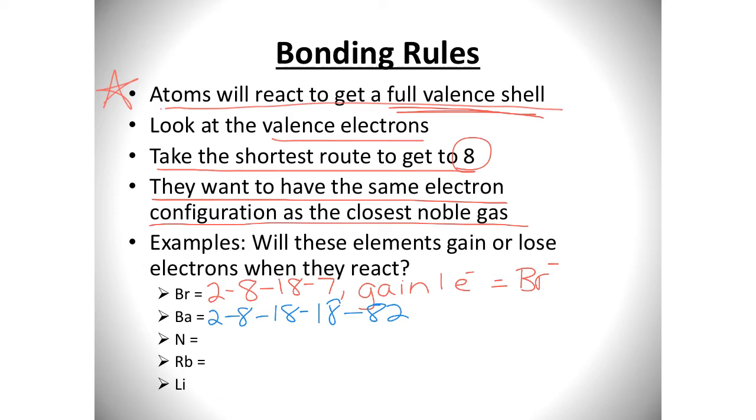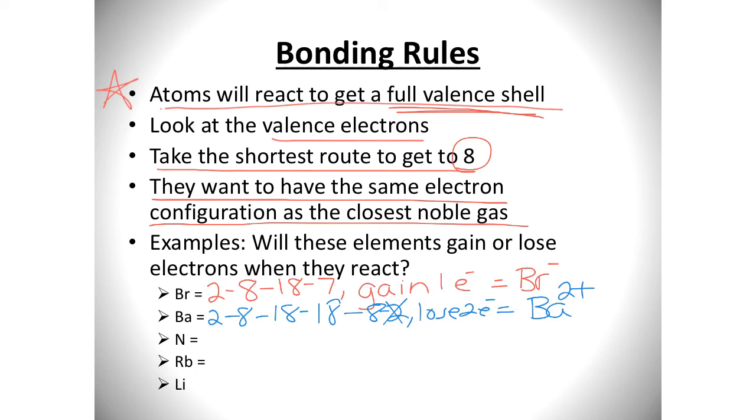So barium will lose these 2 valence electrons to make the barium 2+ ion. So the barium ion will be smaller than the barium atom because it loses 2 electrons.